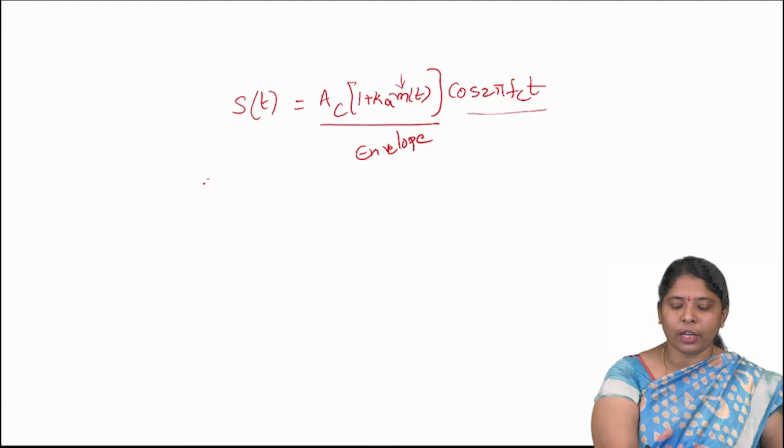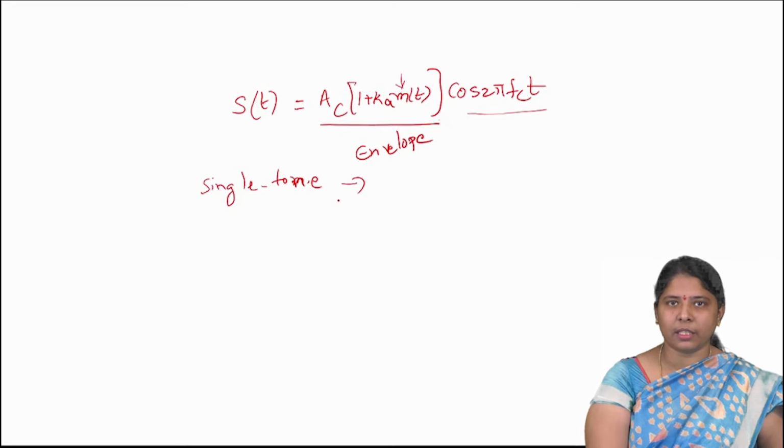Single tone modulation means the message signal contains only one frequency. We treat m(t) as a sinusoidal or cos signal, Am cos 2 pi fm t.